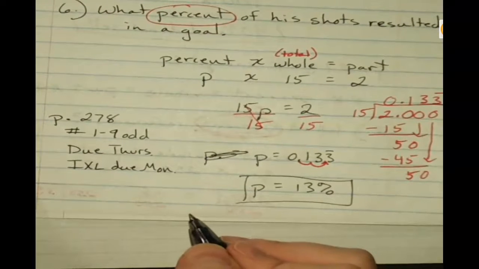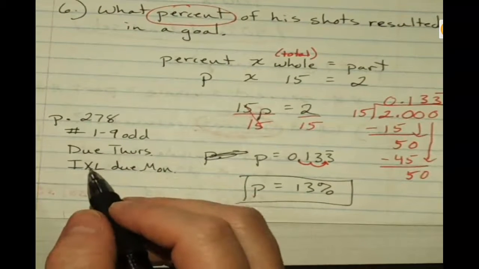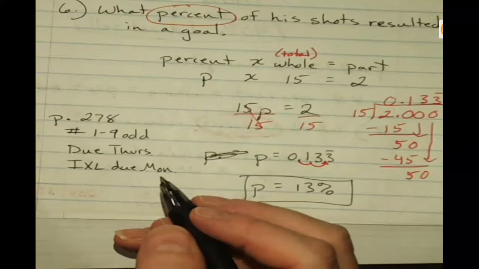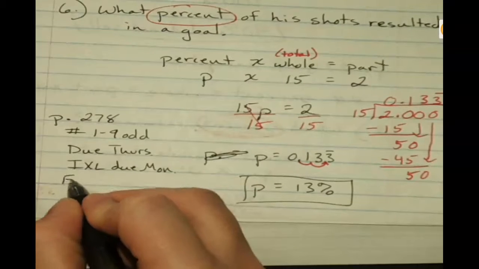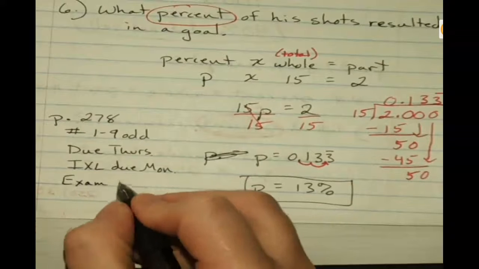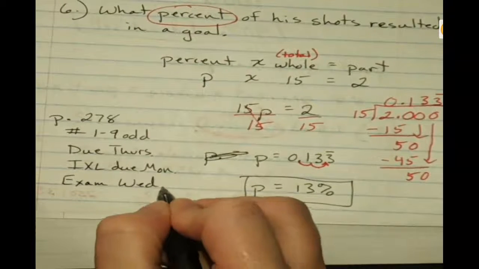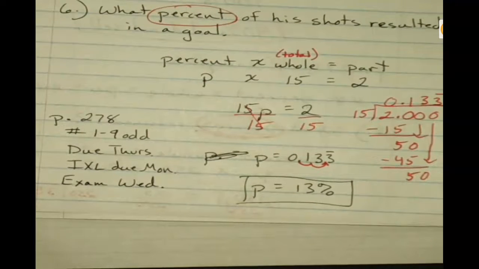You are not having a quiz or test on these 3 sections, but it's going to be on your 6 weeks exam. Your exam is a week from today. The IXL is going to help you review for this stuff, okay?